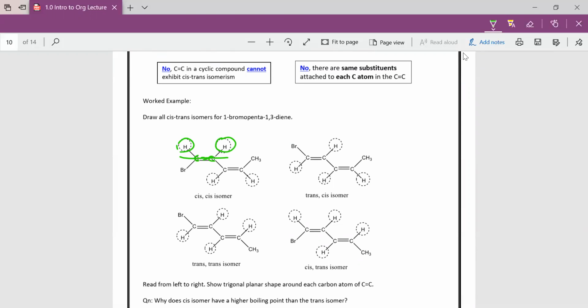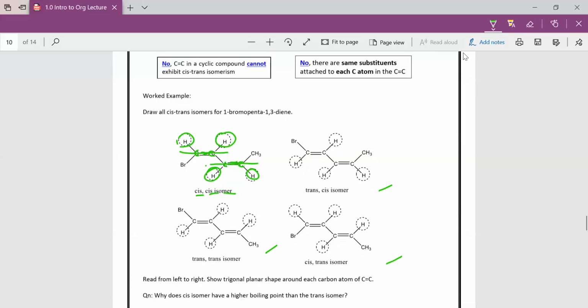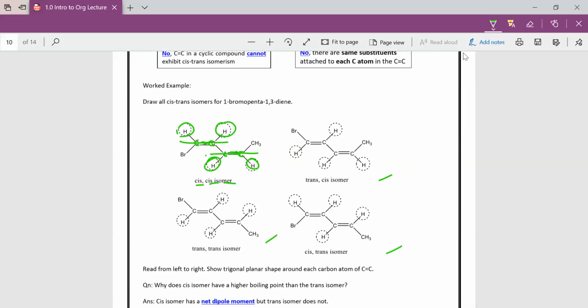And then the second CC double bond, you also have a cis, that's why we call it a cis-cis isomer. You go through the same procedure for the next three isomers, and that will be the way to label the cis trans. Please take note to draw the trigonal planar shape around each carbon atom.